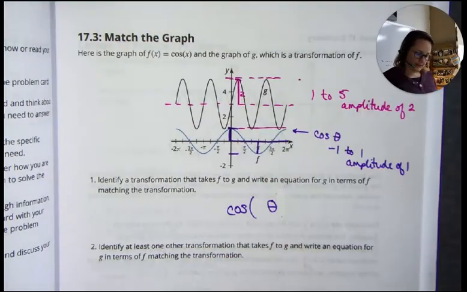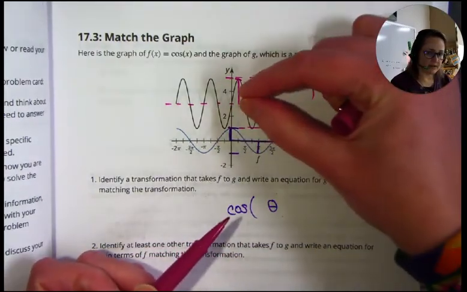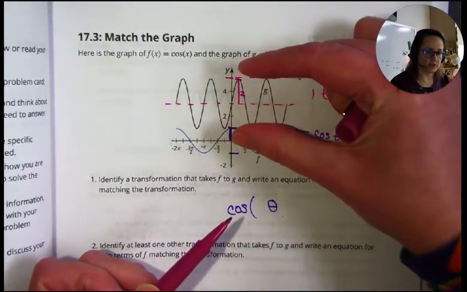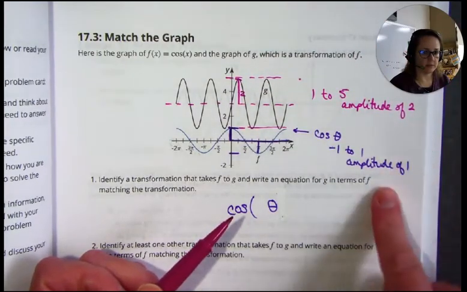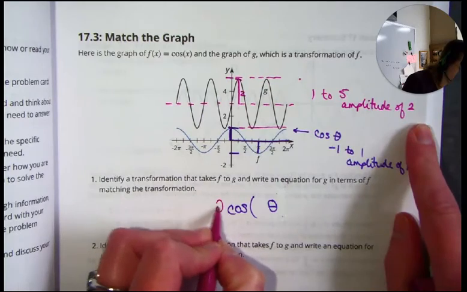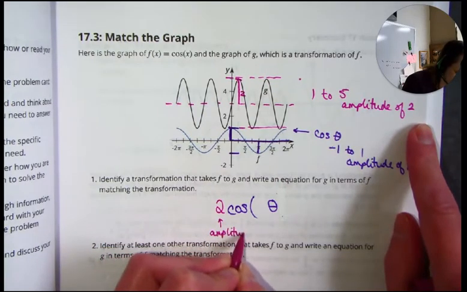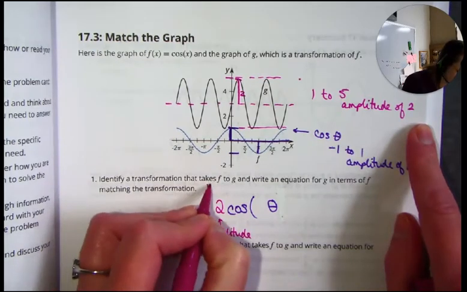The first thing that we did is a vertical stretch, twice as tall. The amplitude used to be 1, now the amplitude is 2. It is twice as tall. So here is where we're going to have the change in amplitude. This is our vertical stretch.